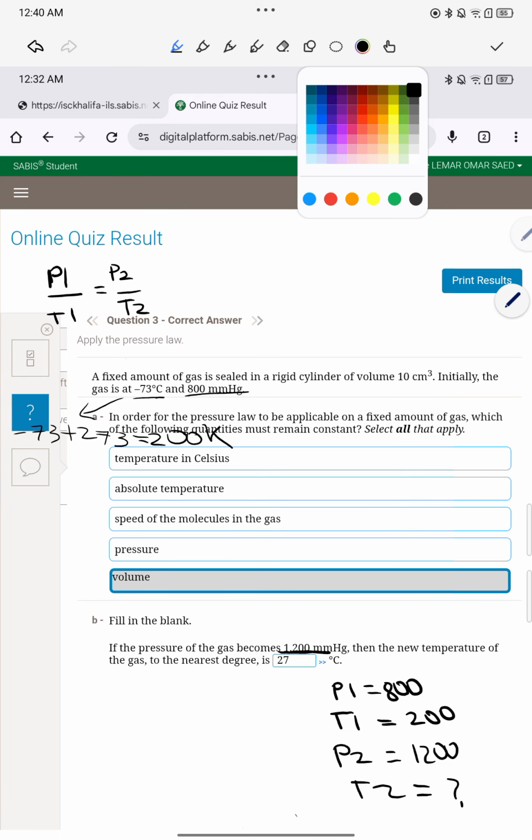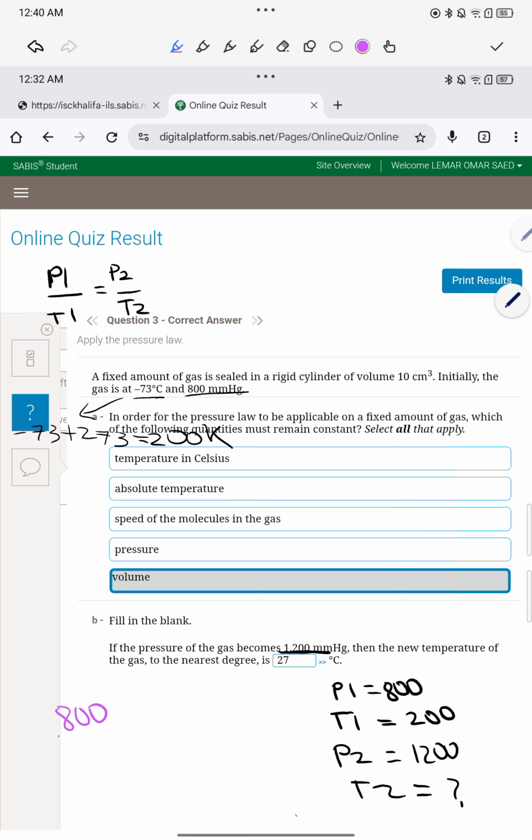Okay, now P1 over T1 equals 1200 over T2. Solve for T2, you will not get 27 at first.